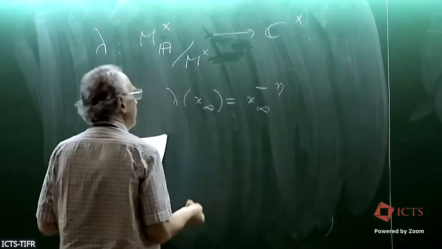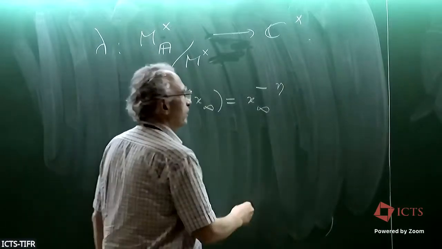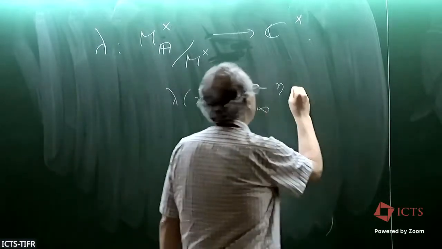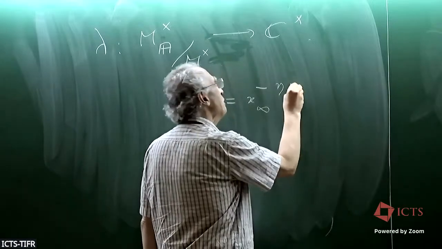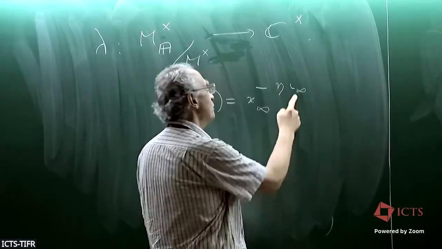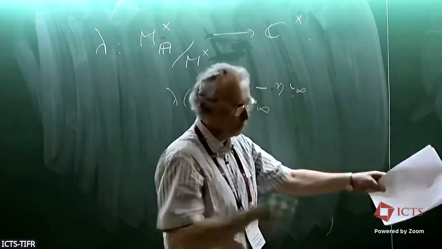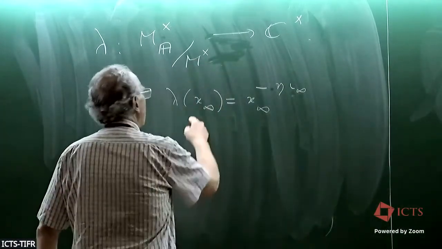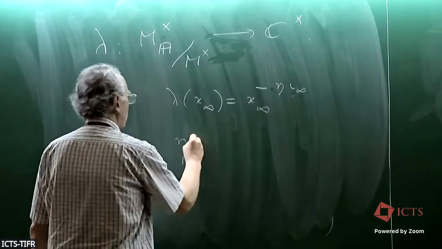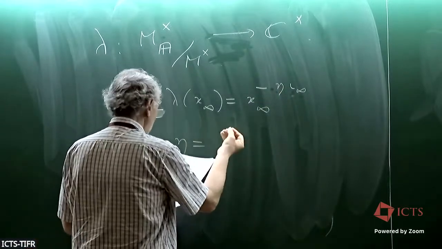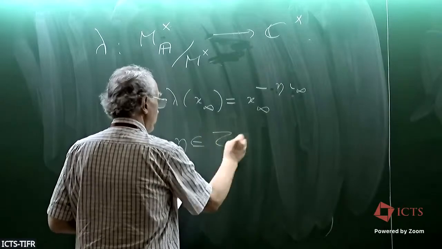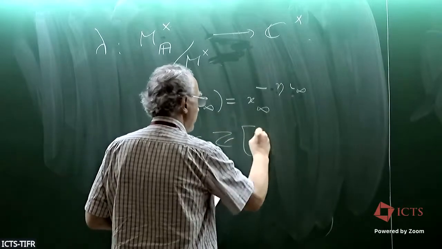If I put iota infinity on the right, this is Hilbert notation; on the right means on the left when I use the composition. Anyway, so what is eta? Eta is an element of Z[I_M].